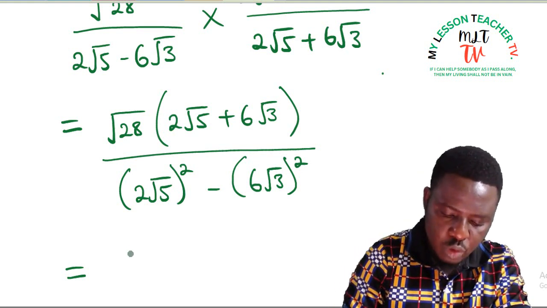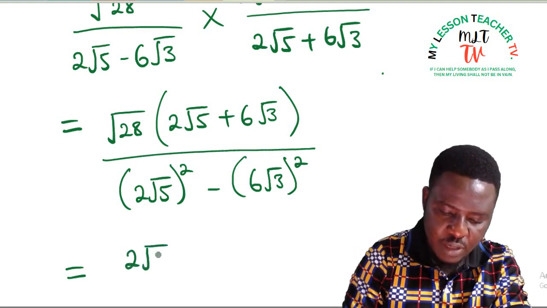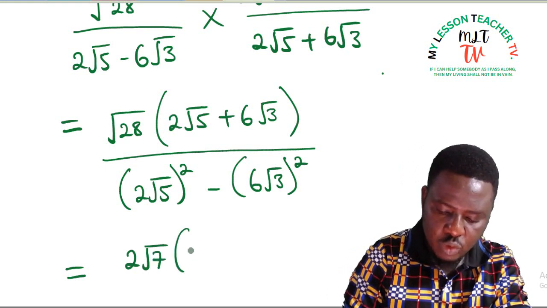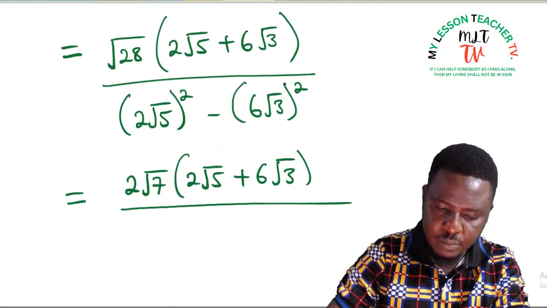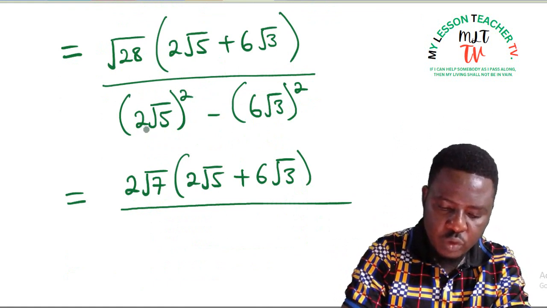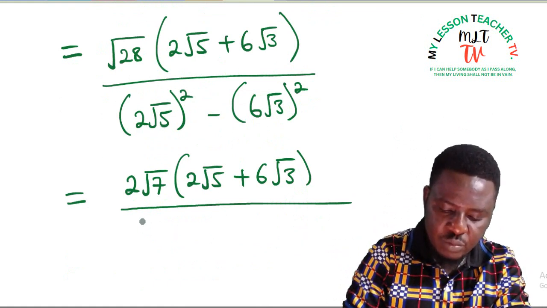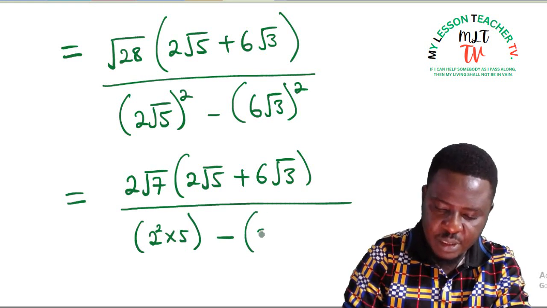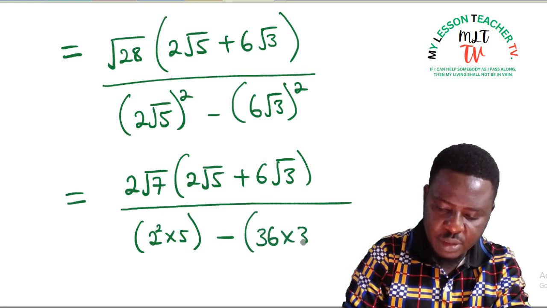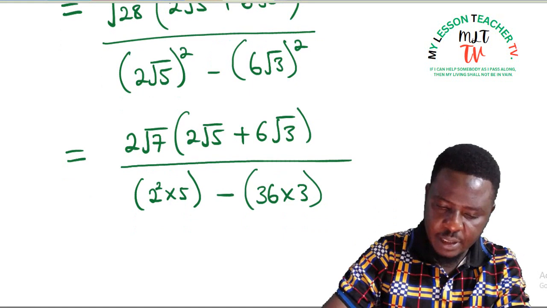So this becomes 2 root 7 into 2 root 5 plus 6 root 3 divided by, squaring 2 root 5, it gives me 4, or 2 squared times 5, minus, doing same, gives me 36 times 3.